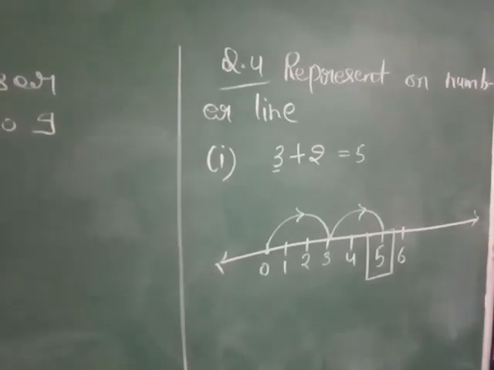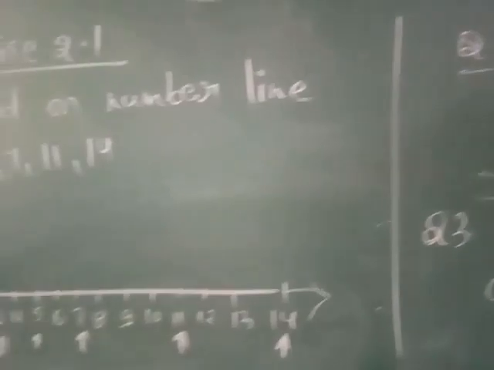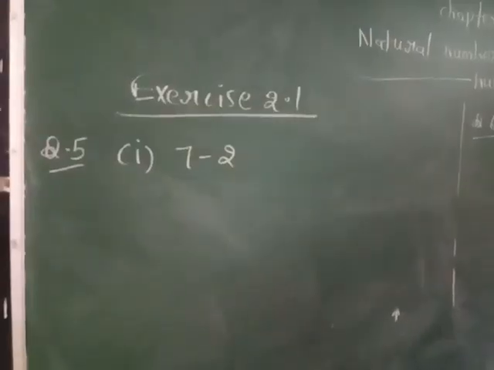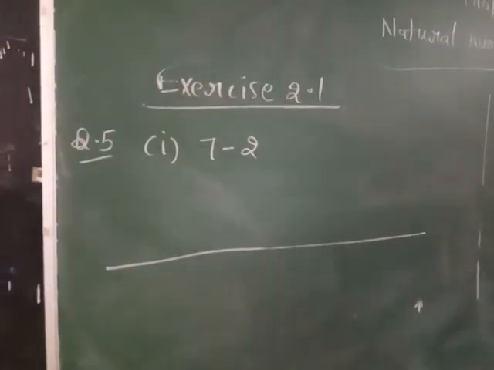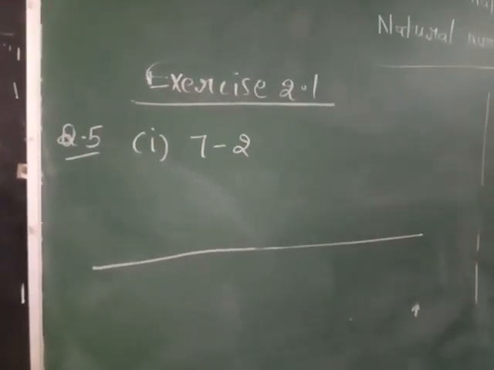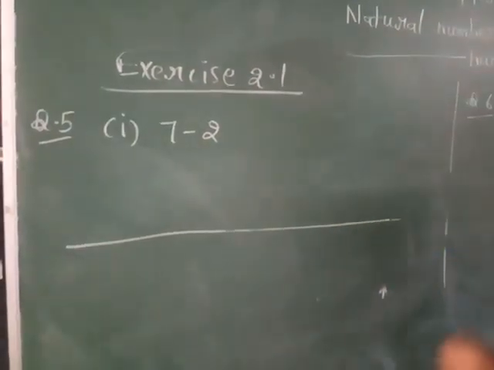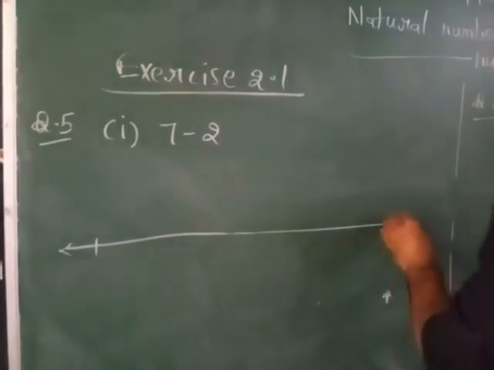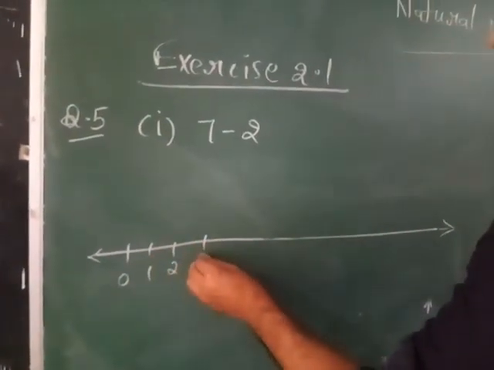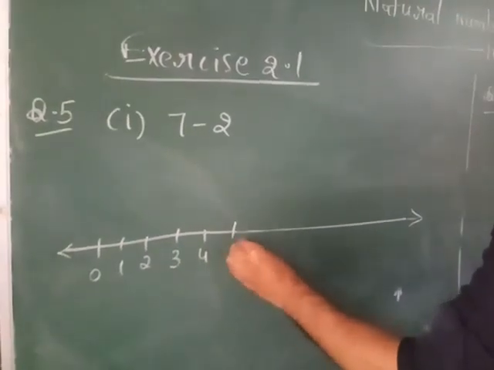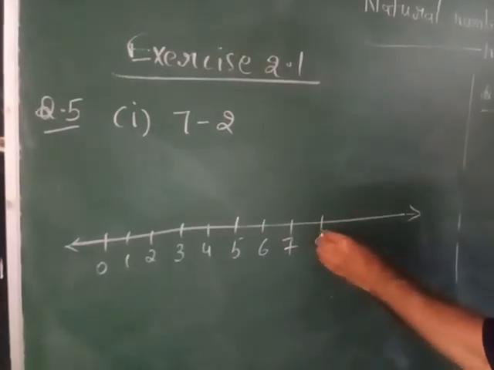Now next question. In question number 5, like question number 4, where we represented addition on the number line, now in this question we will represent subtraction on the number line. So let's draw a number line: 0, 1, 2, 3, 4, 5, 6, 7 and 8.